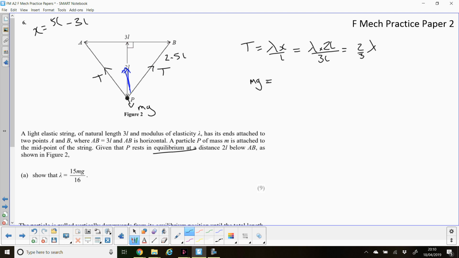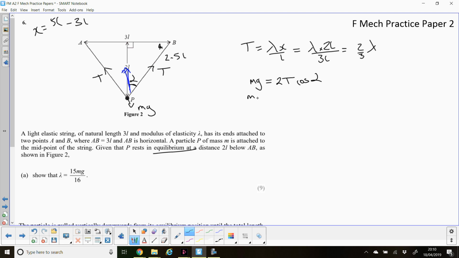So in the same direction, we've got two lots of tension. If you look at one side, you've got tension, and if I call that angle there alpha, then I need cos alpha to get the component from one tension, and 2T cos alpha is the total. If you use this angle here, you'll be using sine instead.